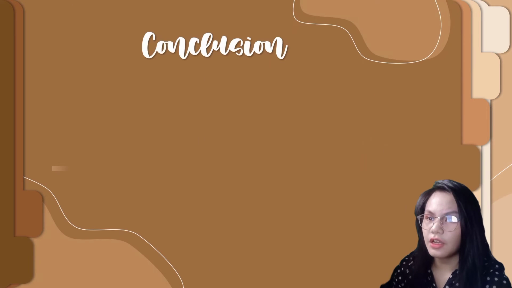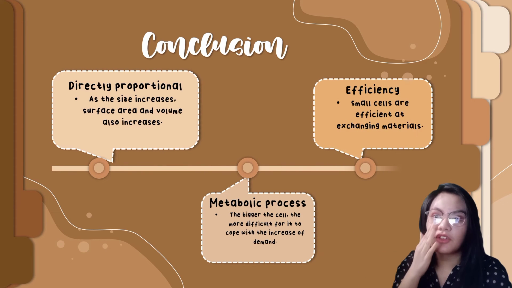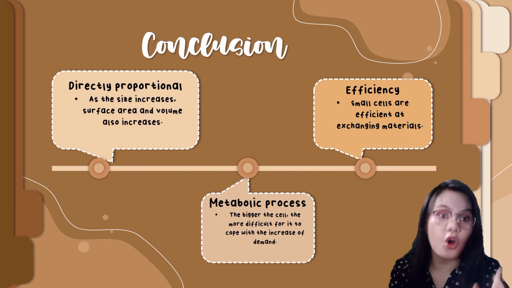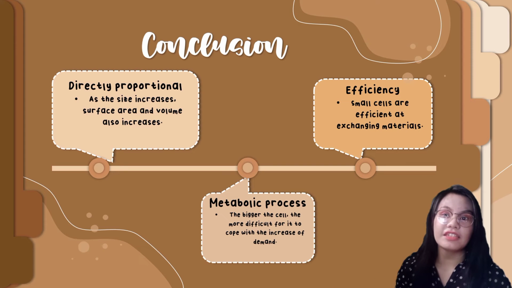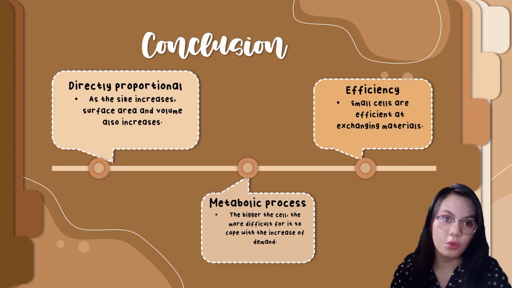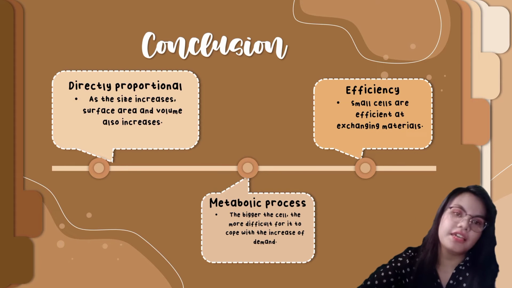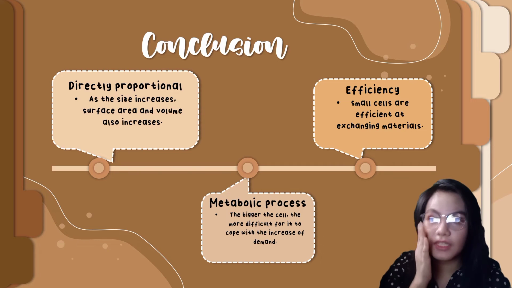So by there, we could see that as the size increases, the surface area and the volume also increase. In other words, they are directly proportional to each other. But I want to emphasize here that volume increases more than the surface area.